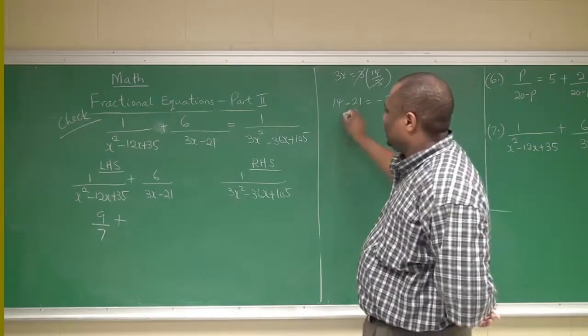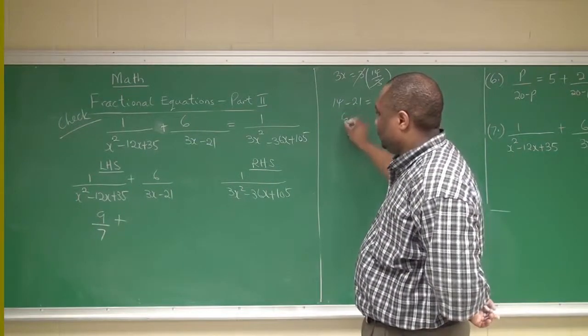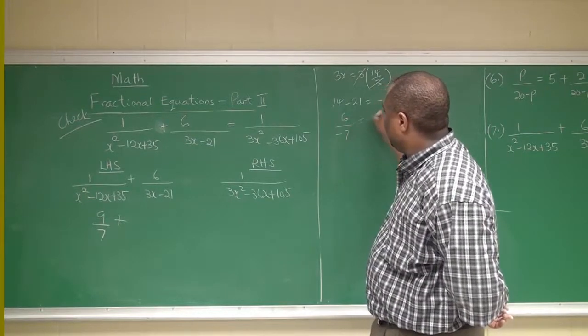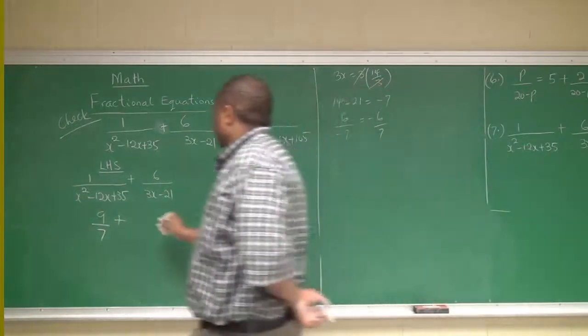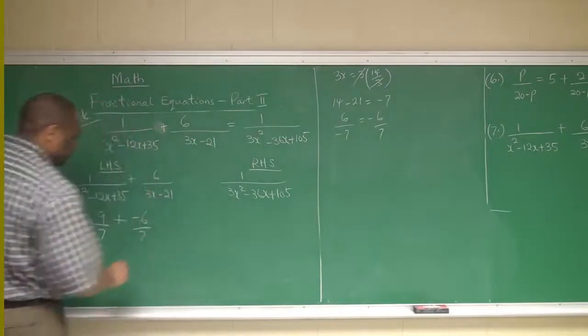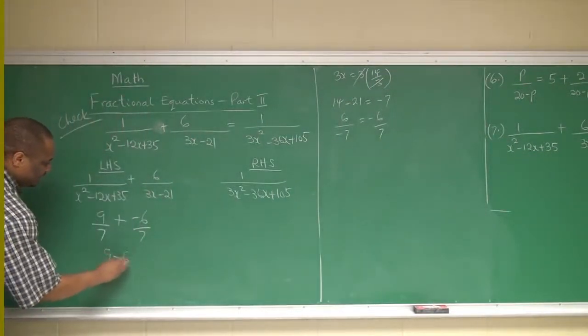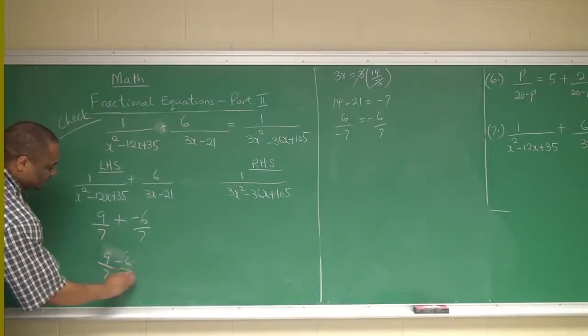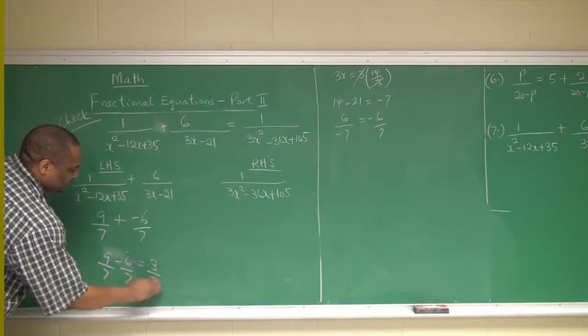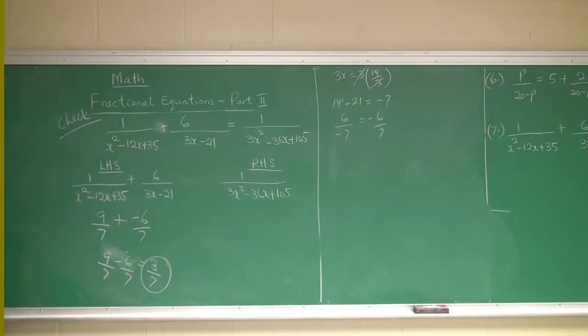So 6 divided by negative 7 is negative 6 over 7. So this is 9 over 7 minus 6 over 7, and that is 3 over 7. Okay, that is for the left-hand side.